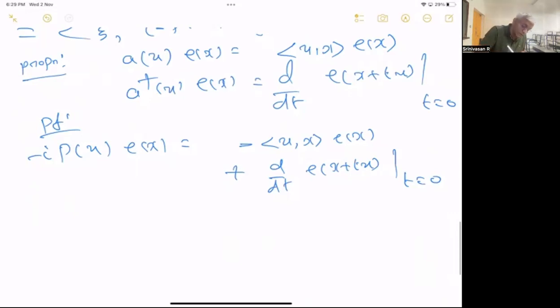For example, take a C-star algebra, or a von Neumann algebra M contained in B of H, and an M naught contained in it. If you consider the commutant, M naught commutant intersection M, this will not satisfy the double commutant theorem. The double commutant theorem is specific to B of H.